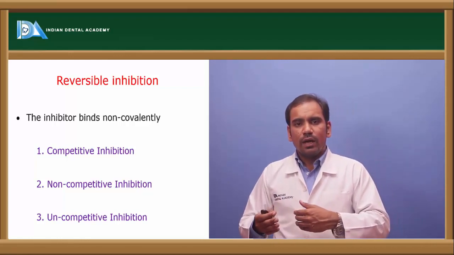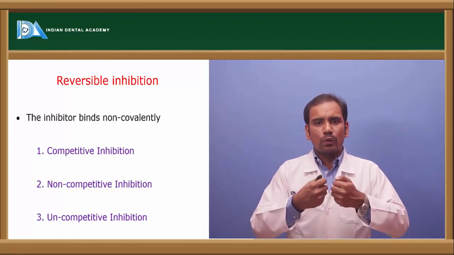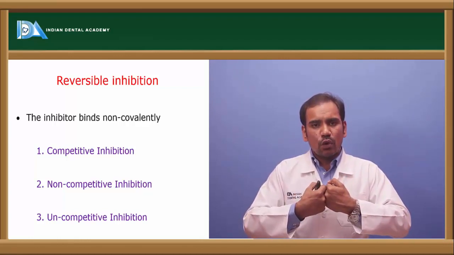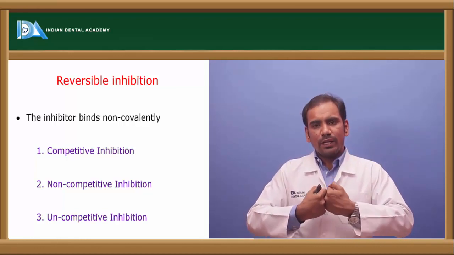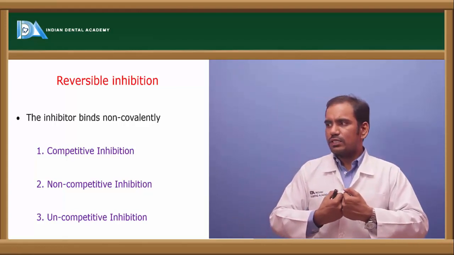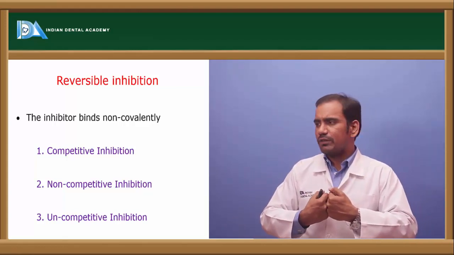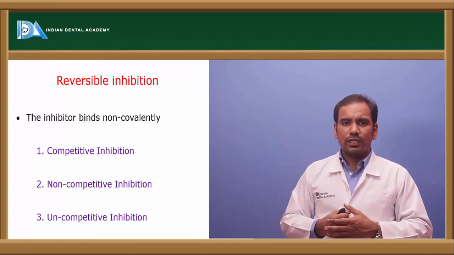In irreversible inhibition, the inhibitor binds to the enzyme by covalent bonds. So there is strong bonding between inhibitor and enzyme in irreversible inhibition, whereas there is loose association between inhibitor and enzyme in reversible inhibition.